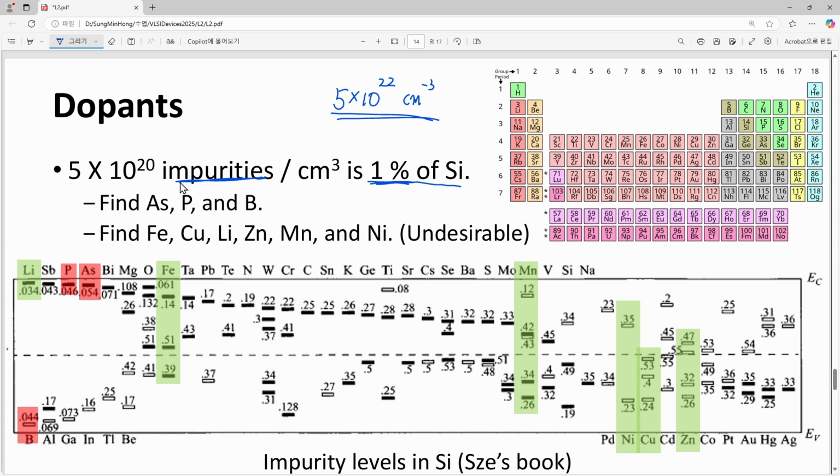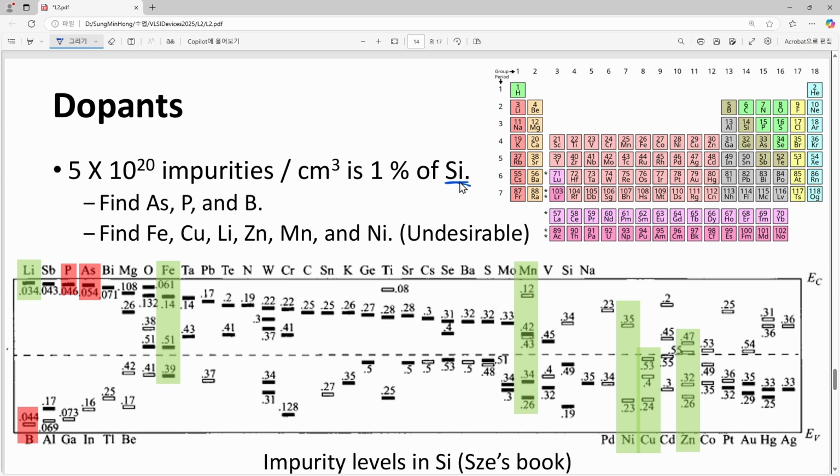So instead of an alloy, they can be regarded just as impurities. The vast majority of this system is still silicon, and only occasionally do we find the impurities, so it does not change the overall band structure of silicon.